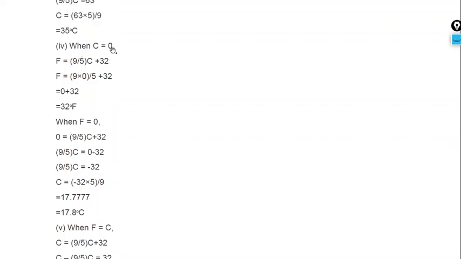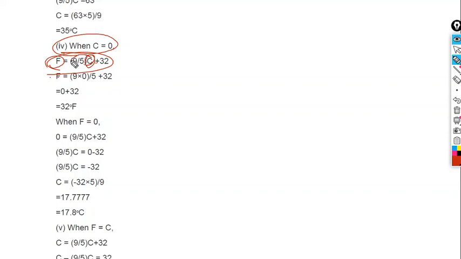Similarly, when C equal to 0, F equal to 9 by 5 into C plus 32, implies F equal to 9 by 5 into, in place of C you put 0.